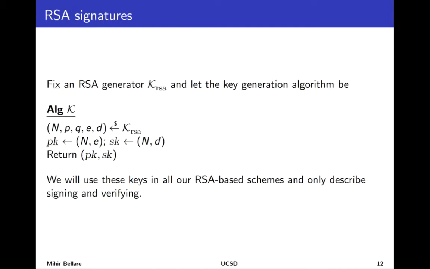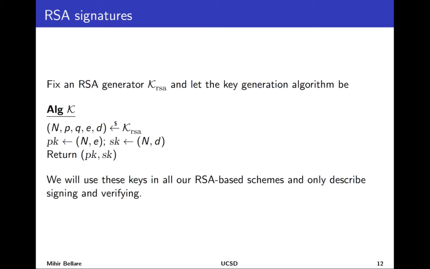Okay, so now we're ready to see how we might actually do this. It turns out that RSA lends itself very nicely and easily to signatures. And while when studying encryption we started with discrete log-based schemes and moved to RSA, here we'll do the opposite. Remember that whenever we work with RSA, we start with an RSA generator.